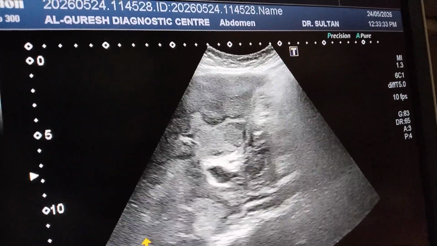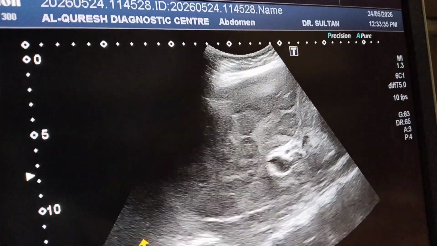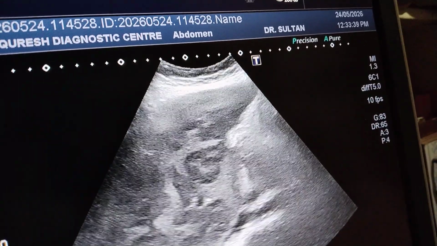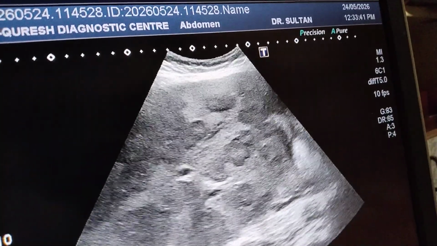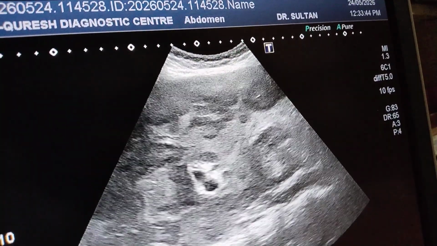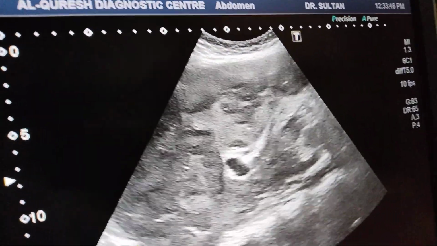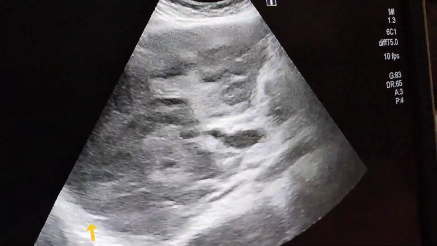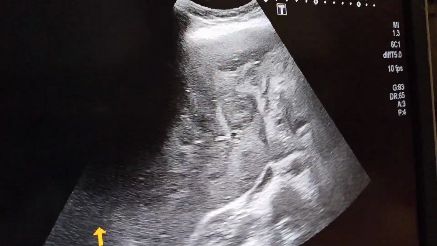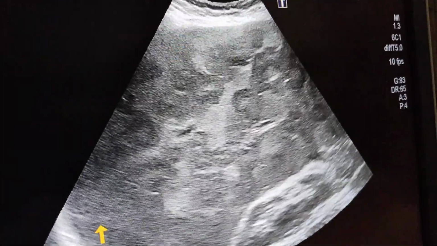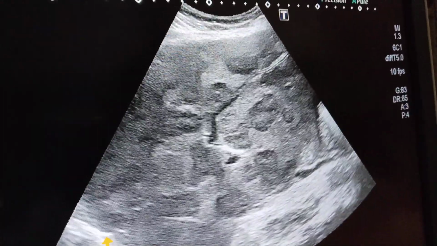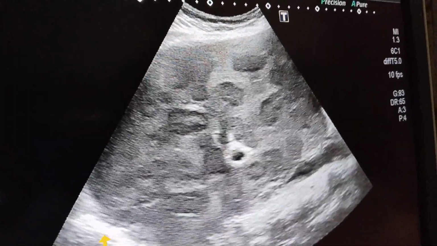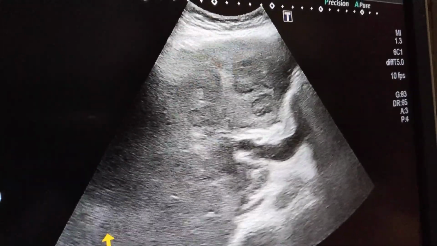I will put this breast lesion in the BI-RADS 5 category, which shows that almost 95% likelihood the lesion is malignant. So this patient should go for histopathology, core needle biopsy, and further management.